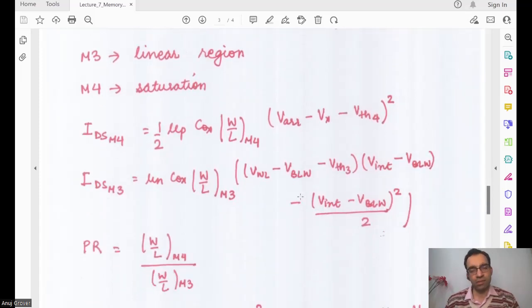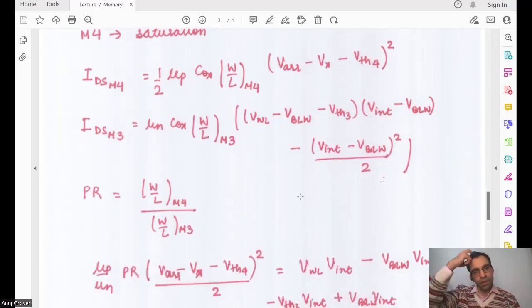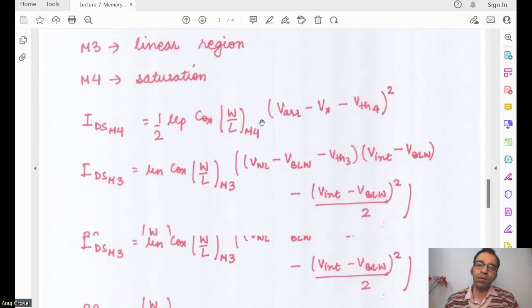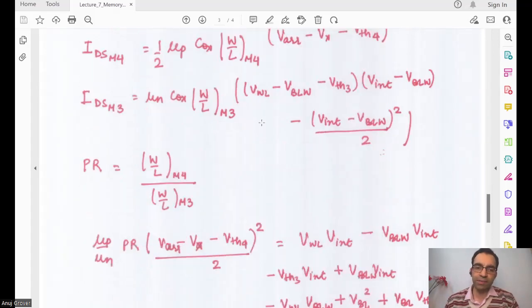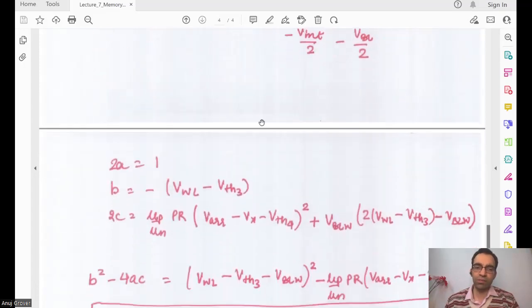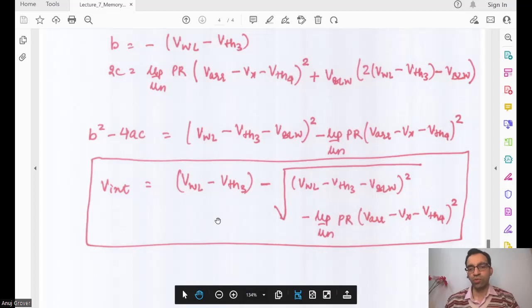Just like we had defined cell ratio there, we define pull-up ratio here. The size of M4, the pull-up, upon the size of the pass gate, and we again arrive at this quadratic equation. When we solve the quadratic equation, this is what we get.